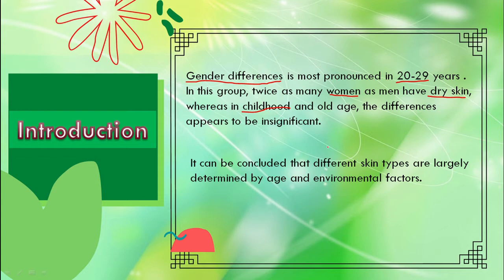So in this age group, adult males are less prone to dry skin than adult females, whereas in childhood and old age the differences appear to be insignificant. At the age of 20 to 29, the difference is at its peak, and as a result there is a difference between female and male skin.